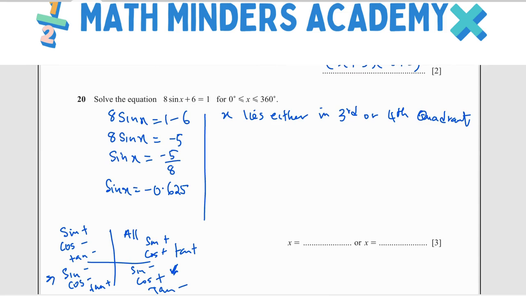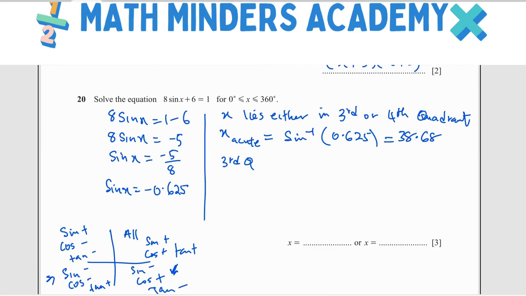Let's call it x acute. x acute is going to give us the arc sine of 0.625, and that will give us 38.68.